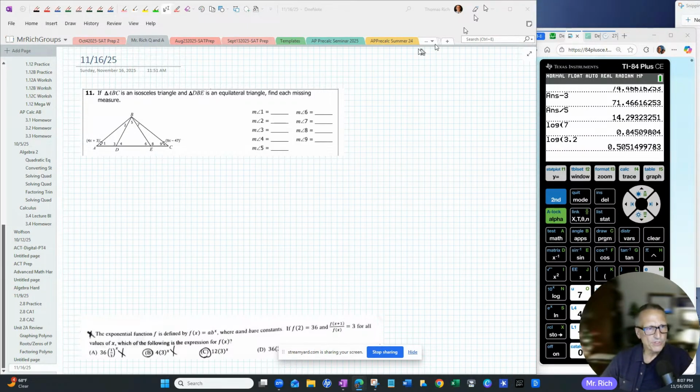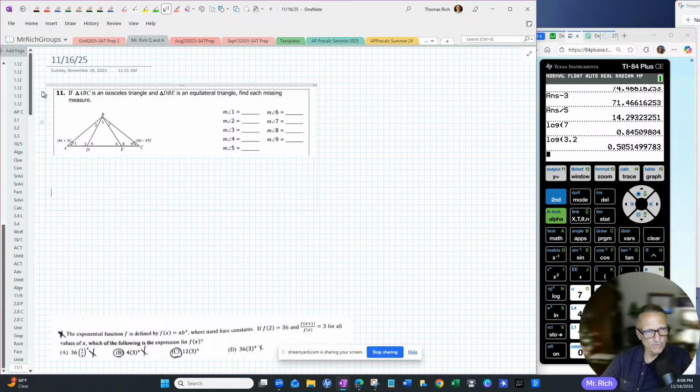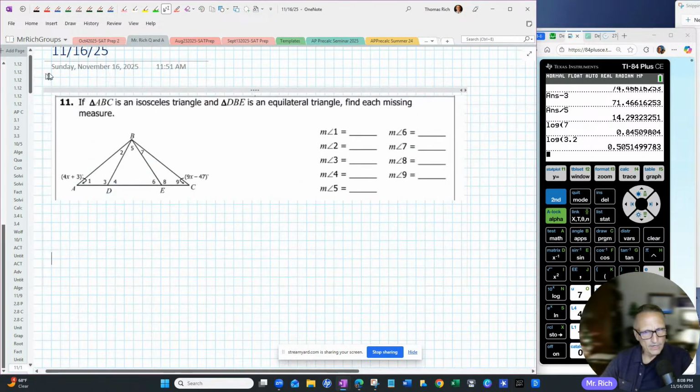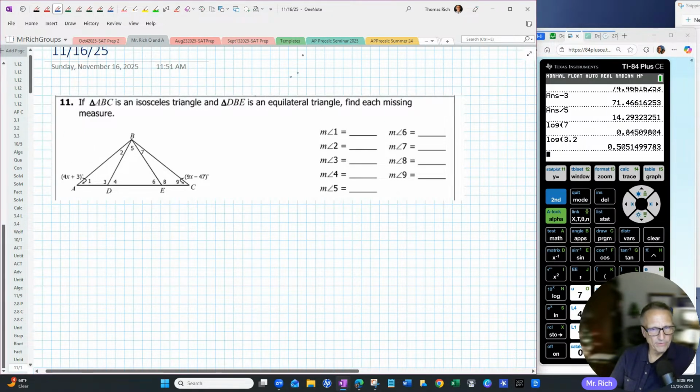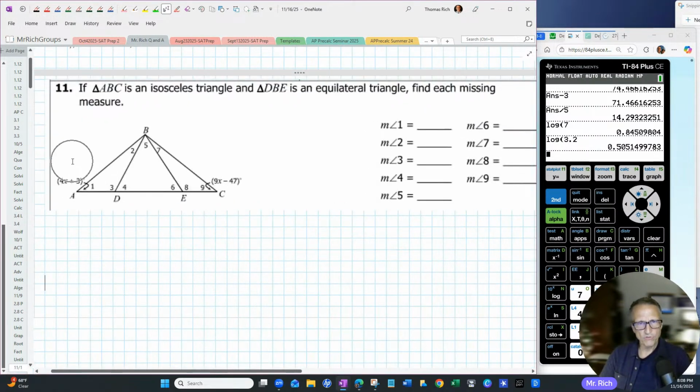So the first question that came into me was a geometry problem involving triangles. I know in our area, a lot of the students that are in geometry or geometry honors are working with triangles. And so this was simply asking us about finding the measurement of all of these angles in this particular picture, where it tells us that the triangle ABC is an isosceles triangle.